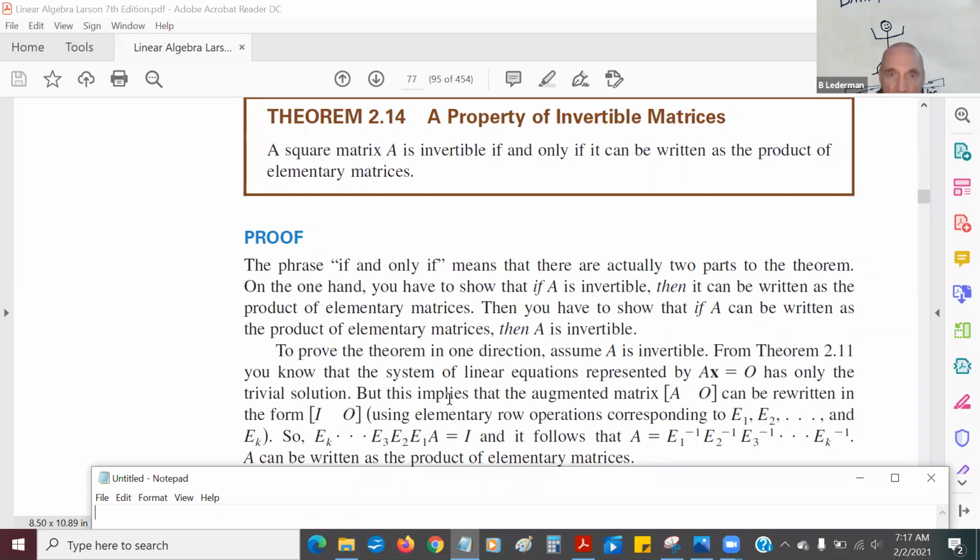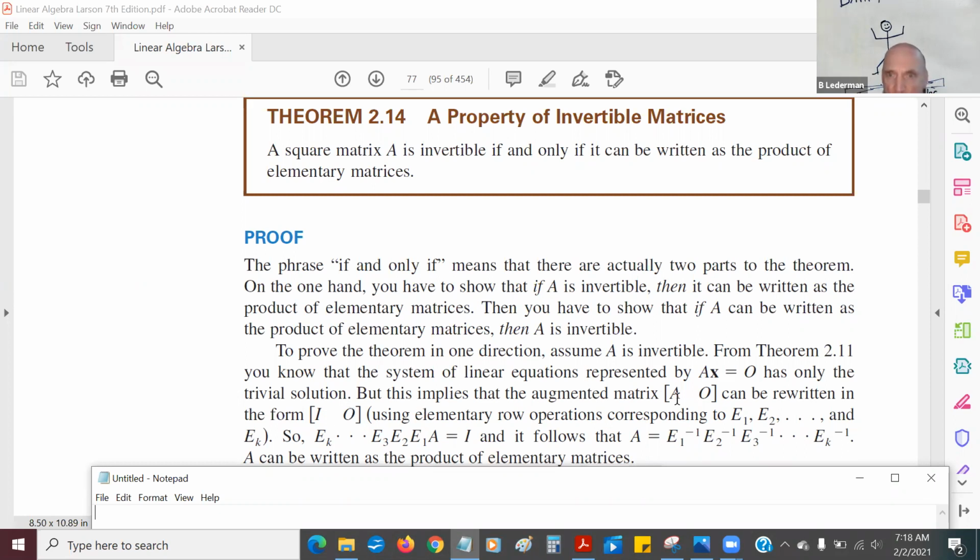Anyway, this implies that if I take matrix A and augment it with the 0 matrix next to it, I can do all the elementary row operations, all the switching and moving around, to get it to look like [I | 0].